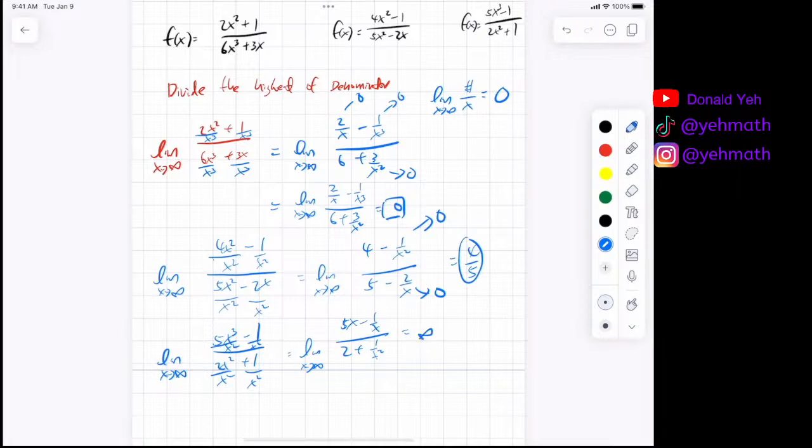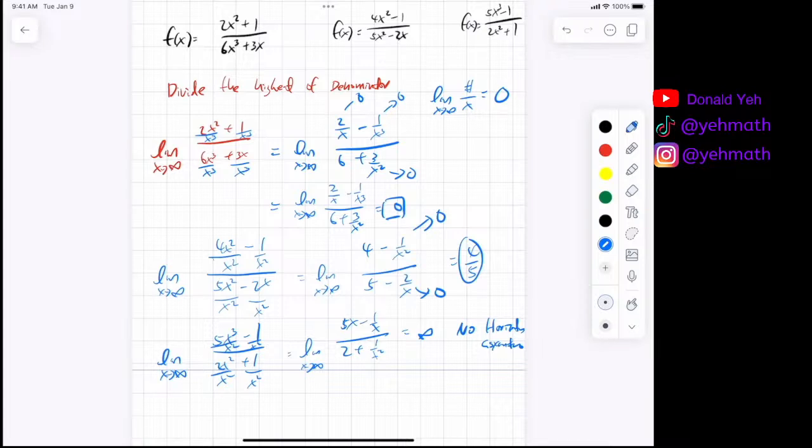And that's going to be infinity because the numerator is 5x. That becomes infinity. If it's infinity, there is no horizontal asymptote. The reason why it's no horizontal asymptote is because the function is going up. You don't plateau into a value. So there's no horizontal asymptote.